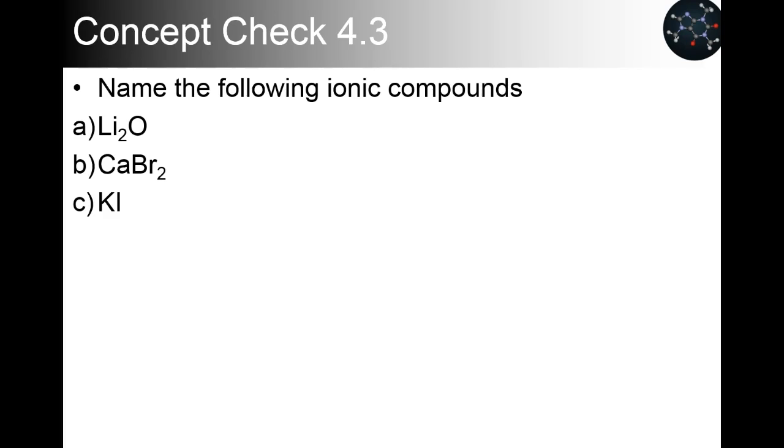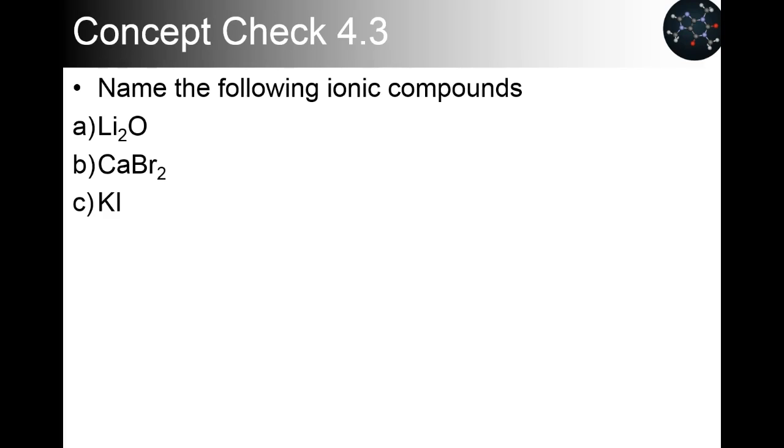Okay, so we are going to name the following ionic compounds. So we won't be putting any prefixes in front of anything to tell us what each one is. So I have Li2O. Okay, if I look at that, that should be lithium oxide. For letter B, CaBr2. Ca is calcium, Br is bromine.